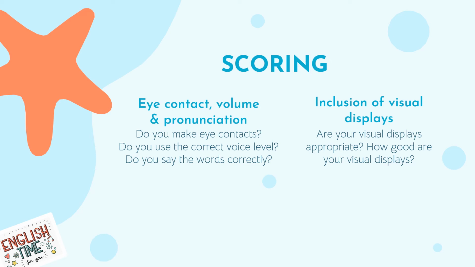Of course, I asked you to make a small presentation using a piece of A4 paper, right? And I want to see whether your display or your presentation is appropriate or not. Yes, how good is your presentation or how good is your visual display? Okay, so you must put an effort to that too.